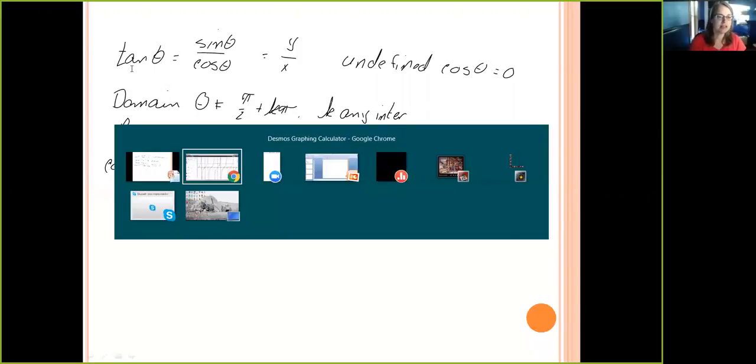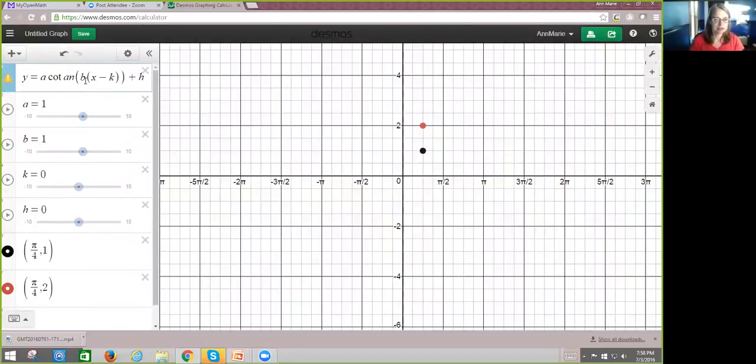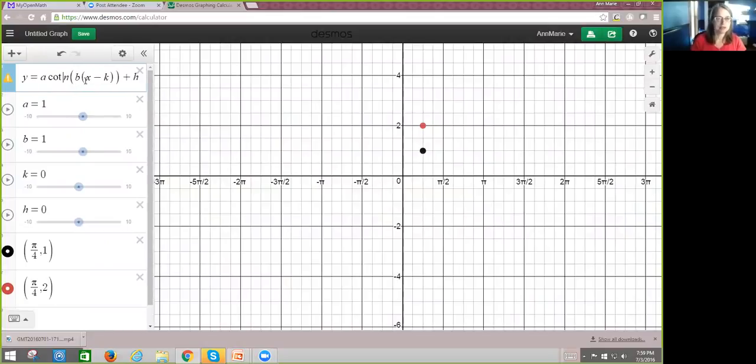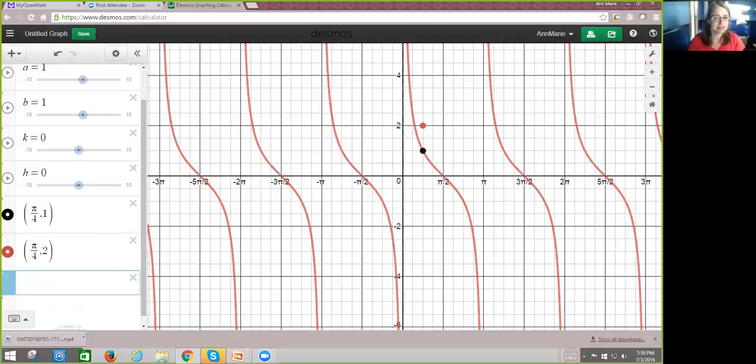So if we look at a graph of cotangent theta, it's going to look like tangent kind of flipped upside down, right? Actually, it kind of looks like tangent shifted. Let's put tangent on there and take a look at that.